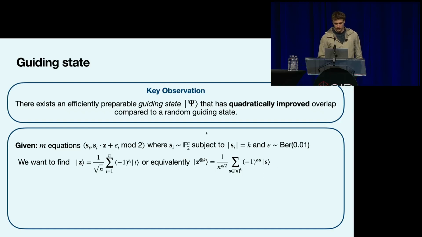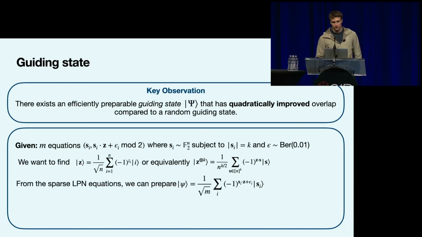Now, of course, you don't know z or you don't know all these phases, but you do have very good guesses for them in some cases. And that is whenever the k-tuple happens to describe the non-zero elements of one of these k-sparse left-hand sides, these randomly sampled vectors of the sparse LPN instance, then you actually know what this inner product is up to this Bernoulli noise epsilon.